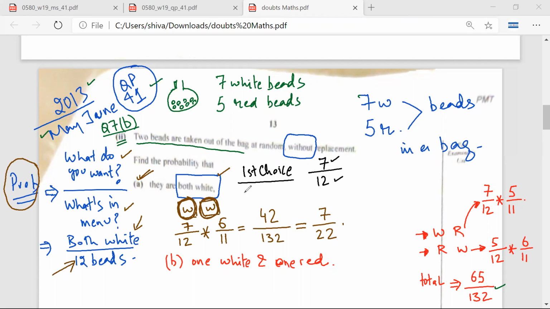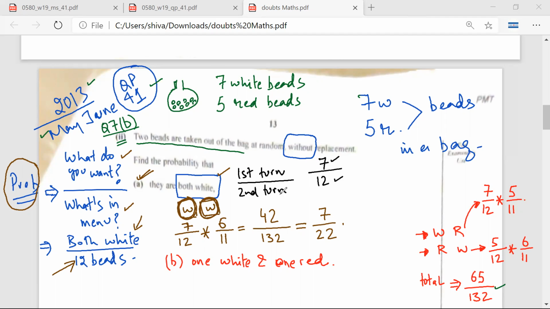But now the thing which needs to be understood is the second choice. I should write this as first term and the second term.